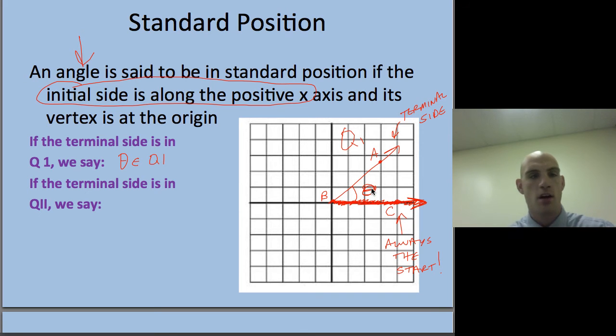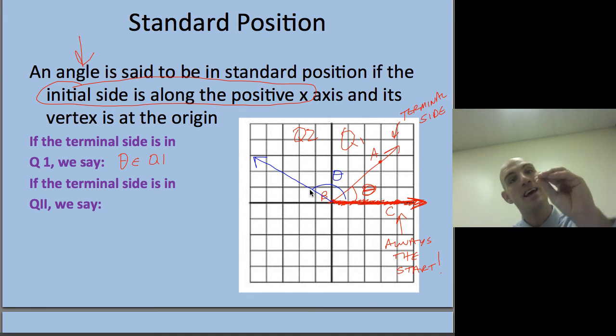All right? What if it was in quadrant 2? Let me draw the next one in blue so you can see. In this case, we're going to say theta is this bigger angle, still the same initial side. That initial side is still the positive x-axis.